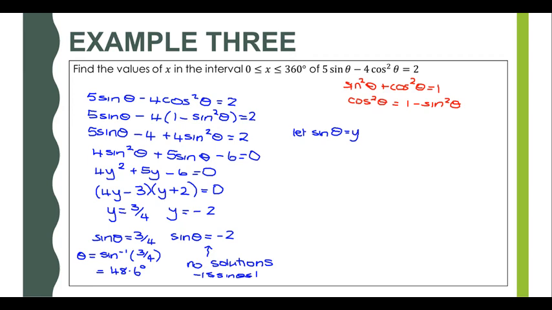So I'm going to draw a CAST diagram again. I'm trying to solve sine theta equals 3/4, which tells me sine theta is positive. So I should get answers in the all and sine section.